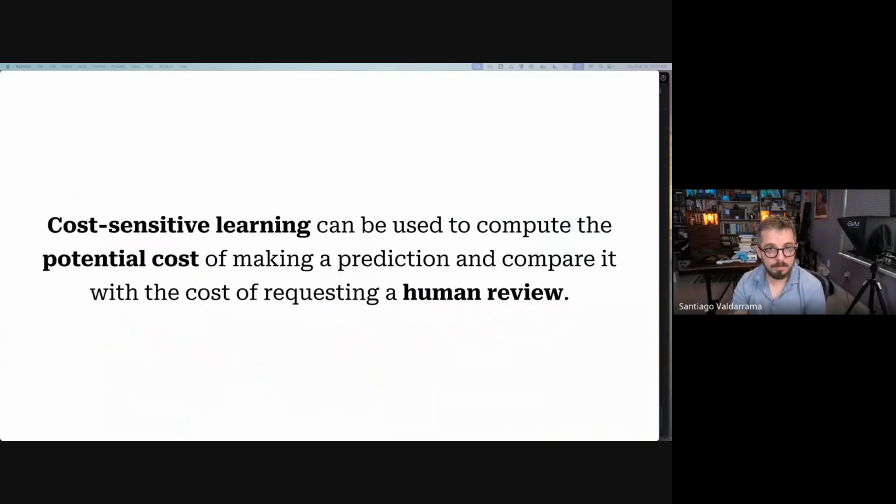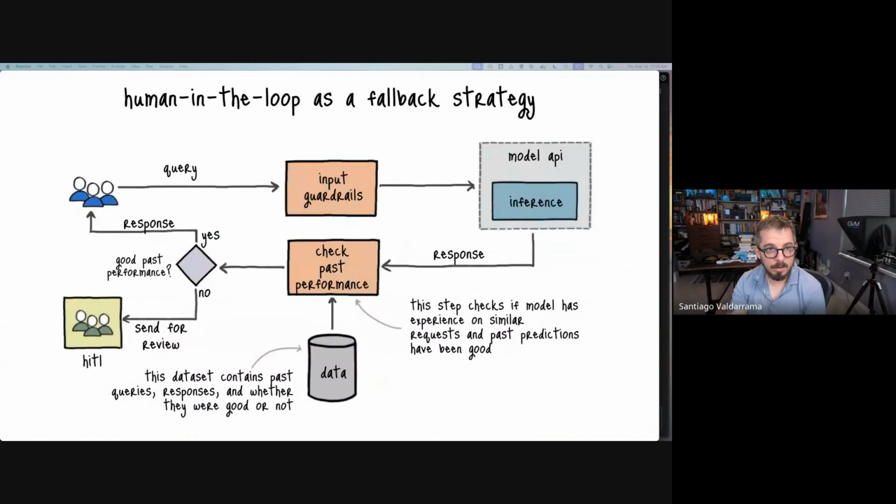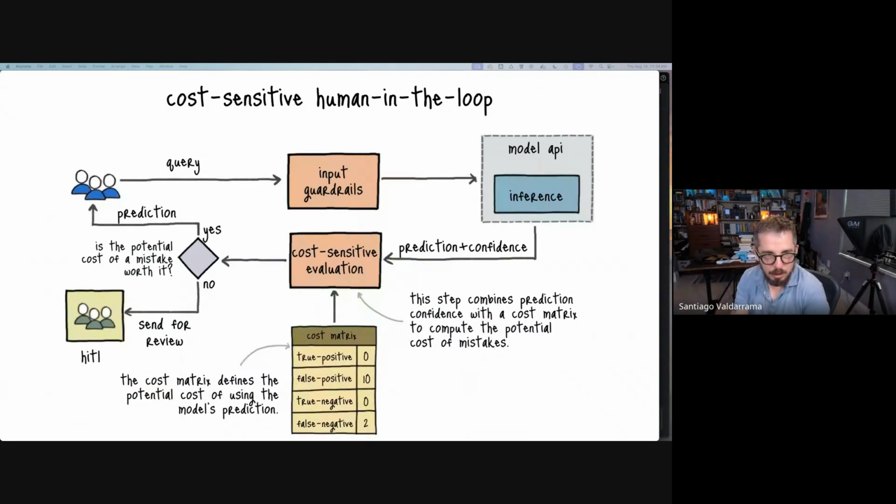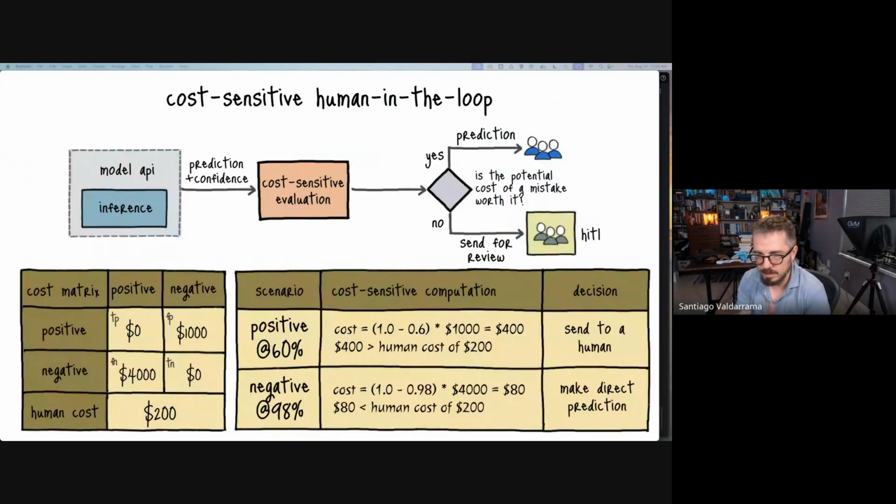In this particular case, I think we talked about using this step to check whether we've seen something like that before. We could be using an embedding model there. So part of this check would be using a third-party model to generate embeddings and check for similarities. So yeah, it could be a model there, but in this particular cost-sensitive case, I'm just applying a formula. There's no model here.